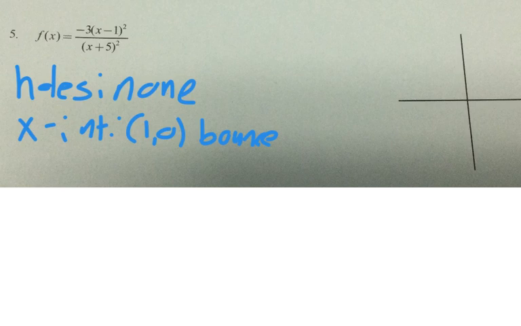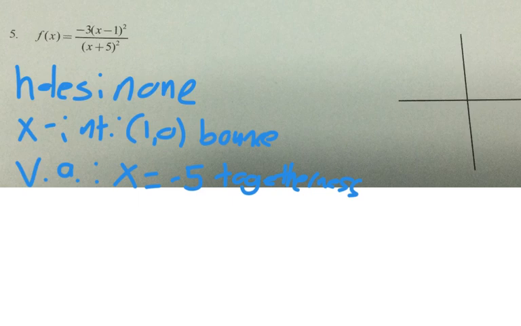And then I can look at the vertical asymptote next, which is the factor in the denominator. So it's at x equals -5. And it's going to have togetherness there because it's a degree 2 factor as well.